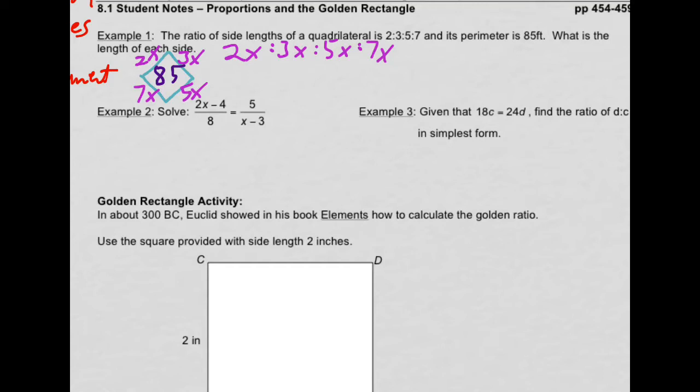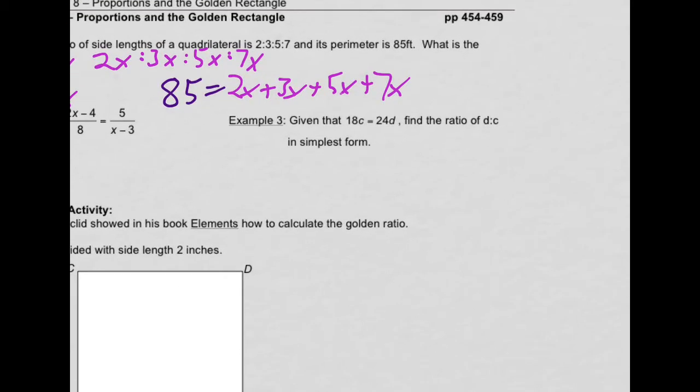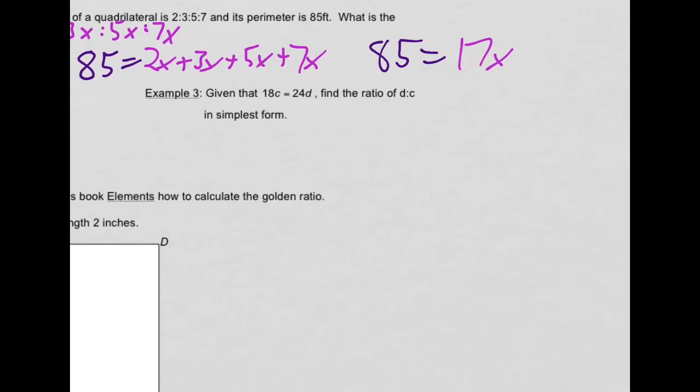So we just say 85 equals 2x plus 3x plus 5x plus 7x, and that turns into 85 equals 17x. And then of course you divide both sides by 17. And now we get x equals 5.